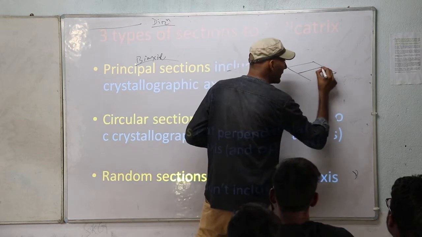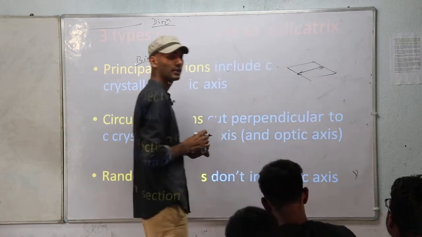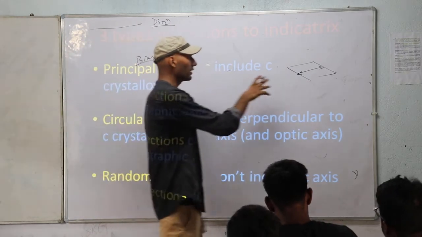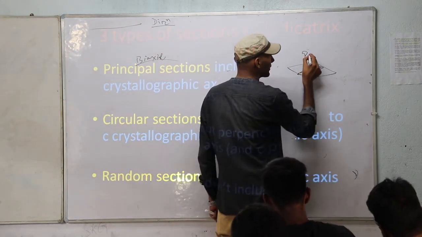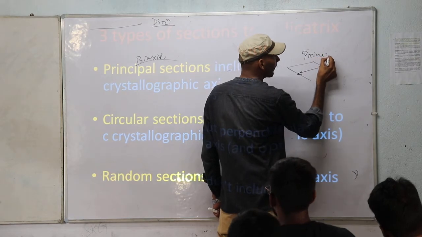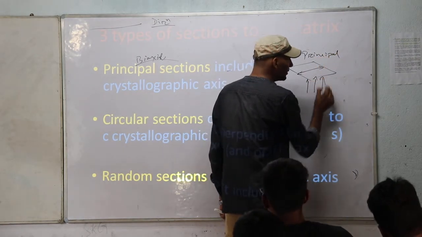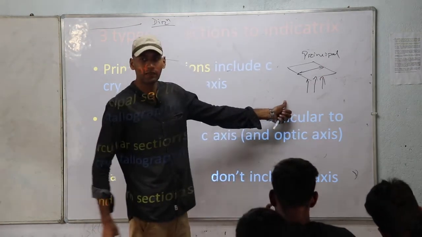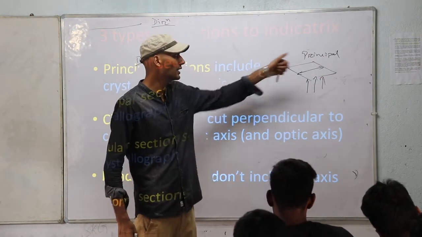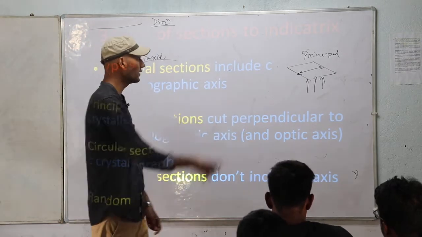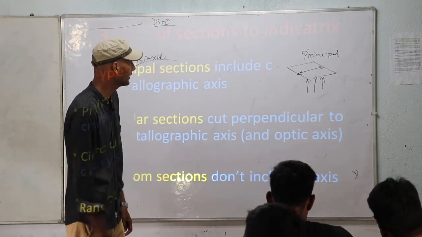The mineral C axis lies parallel to the stage, so that is the principal section. Here light rays are perpendicular to the C axis. It will be useful in interference figure, so I have discussed it here.